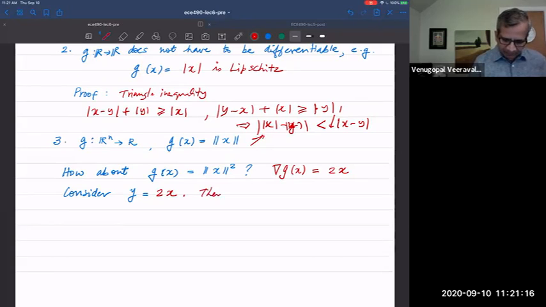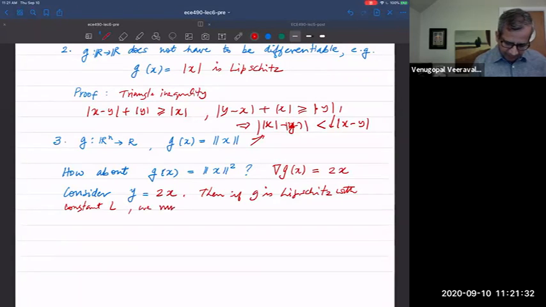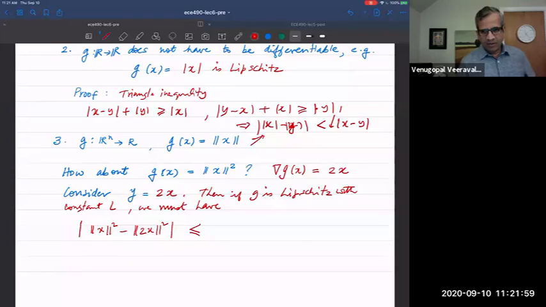So then, if g is Lipschitz with some constant L, we must have that if I look at the difference between g(x) and g(y), the absolute value of norm of x squared minus the norm of 2x squared, this must be, again, g takes values on the real line, so I just took the absolute value, which is the same as the norm on the left-hand side.